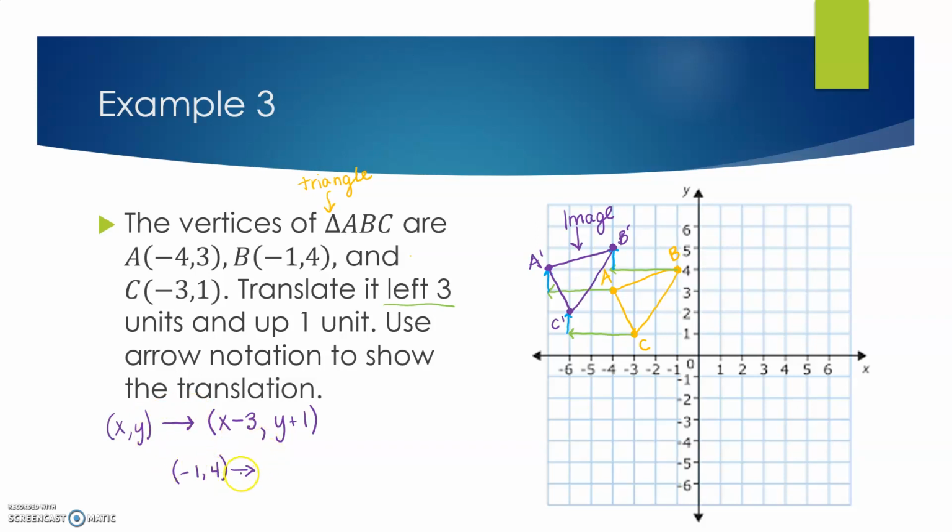So with the arrow notation, I would take my x coordinate and subtract 3, my y coordinate and add 1. Well, -1 minus 3 would give me -4, 5. Let me check that. -4, 5. Oh, that's where I have my point. So that means I did this correctly.